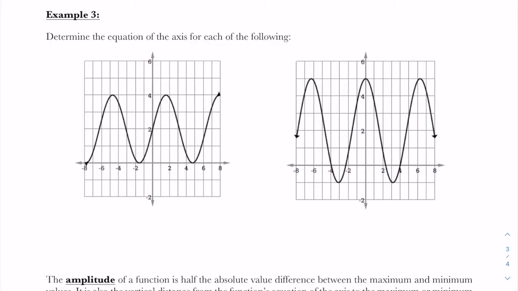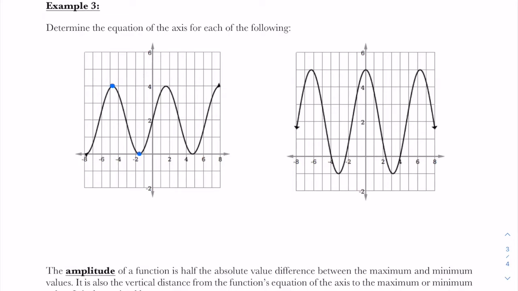We're going to find the equation of the axis for each of the following. So let's start with the first picture. It looks like we have a maximum value of approximately 4 and a minimum value of 0. So we're looking at the y values on the graph. Using the formula to find the equation of the axis is as follows.